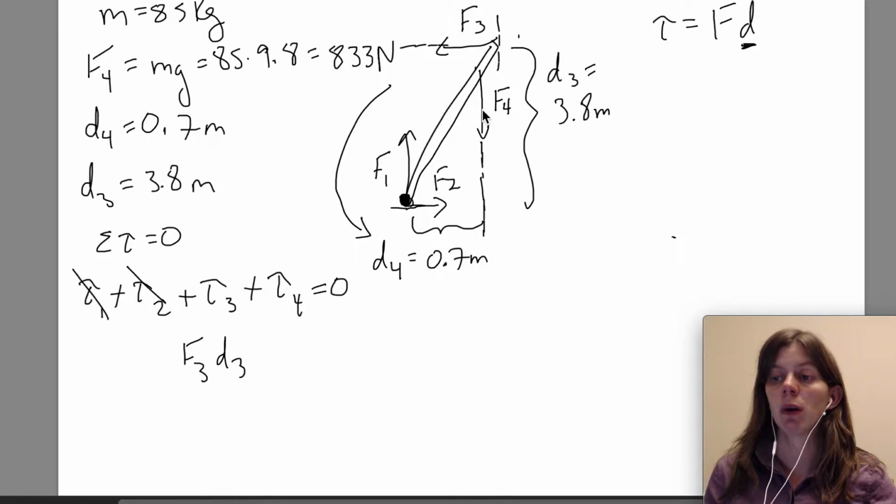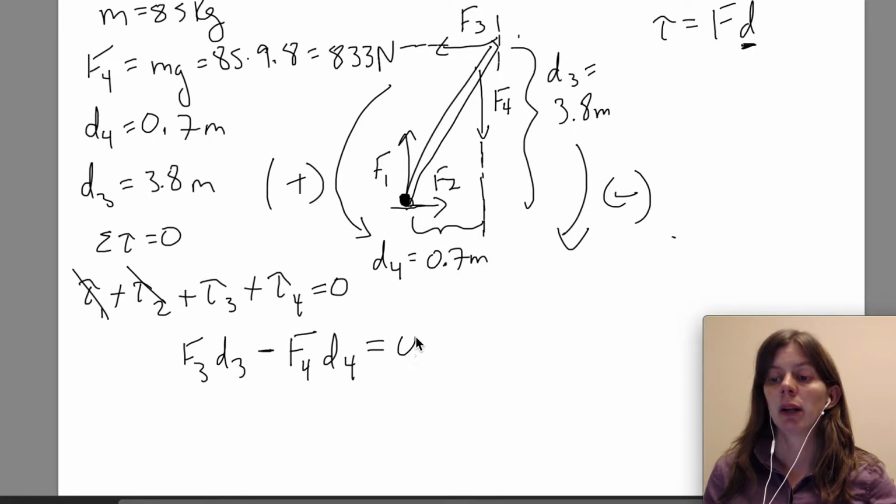Now F4 is going to exert a clockwise torque. If you fix the pivot point and you pull down, you can see this whole object would rotate clockwise, which is a negative torque. So we're going to subtract the torque 4. It's negative F4D4. The sum of all those torques, where this one was negative, is equal to 0.